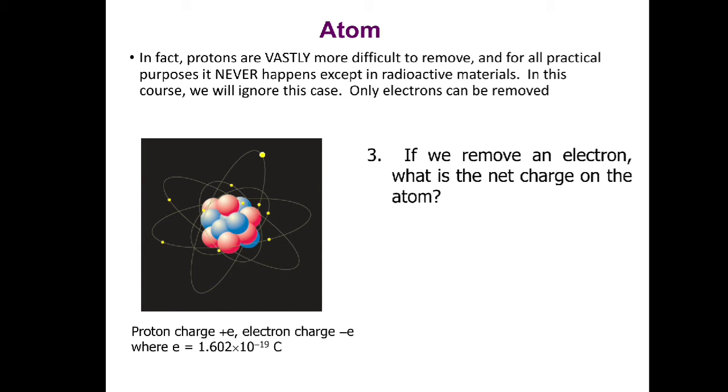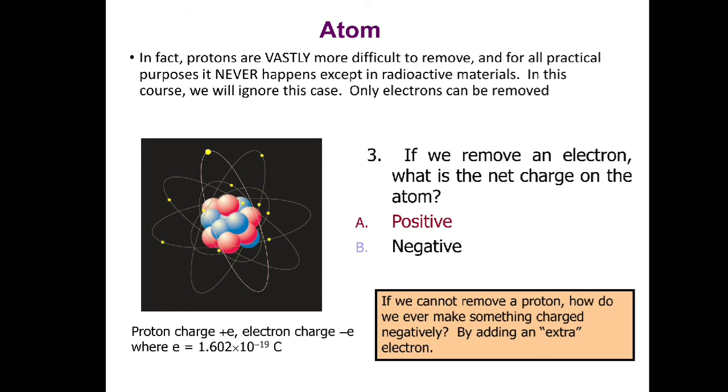Removing the proton is very difficult, and it is a special case considered in radioactive elements. So in this discussion we are going to consider only electrons being removed. If you remove an electron, what is the net charge on the atom? Removing an electron means a positive charge will be acquired.